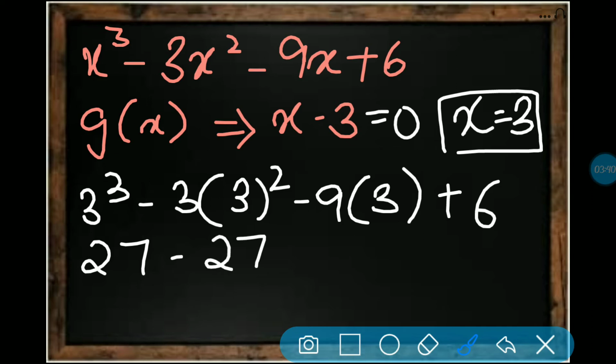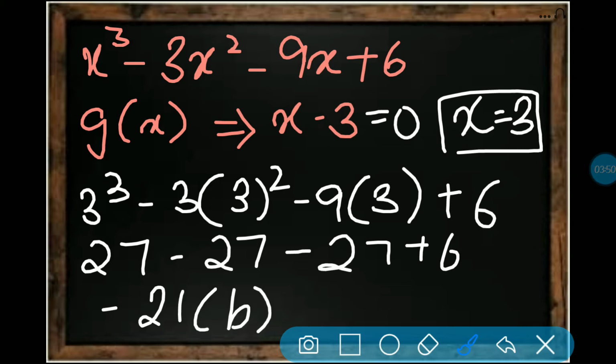So 27 only, this also 9 threes are also 27 only, then plus 6. Then the answer is going to be minus 21, which is option B. Okay. Now you may take a screenshot.